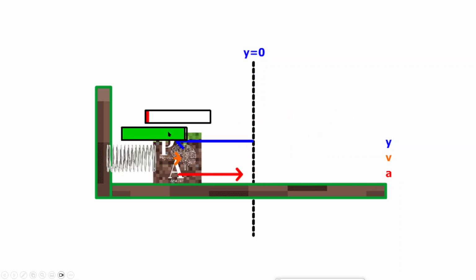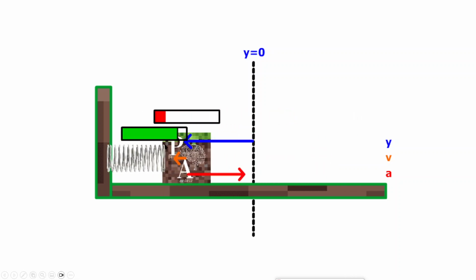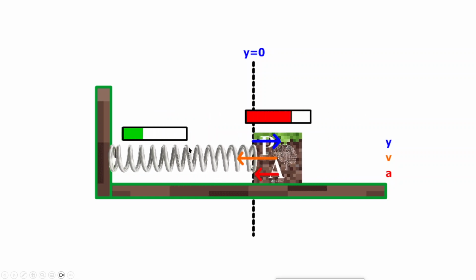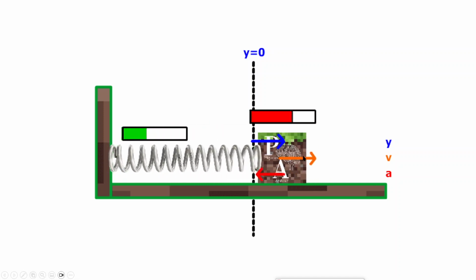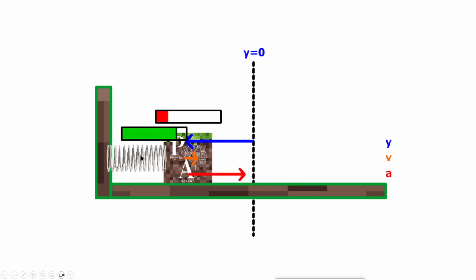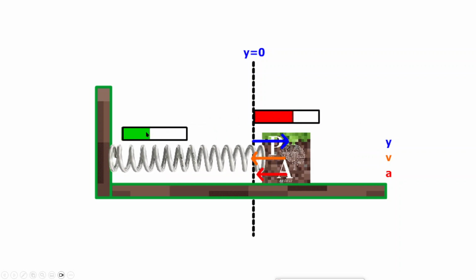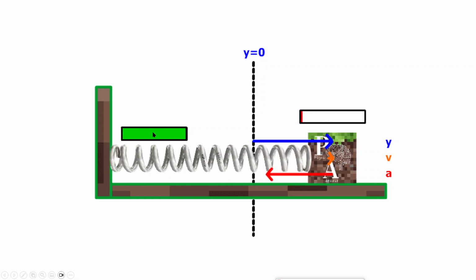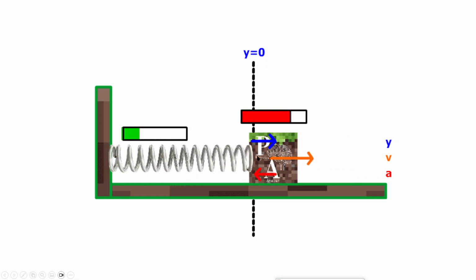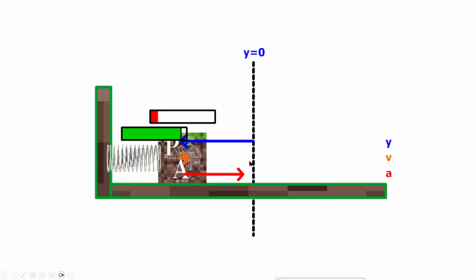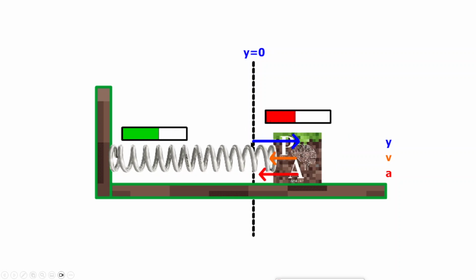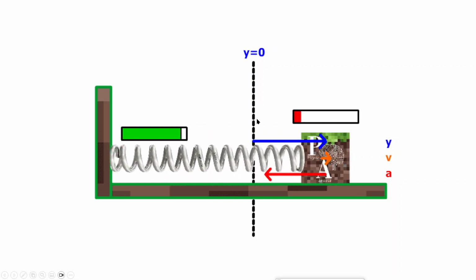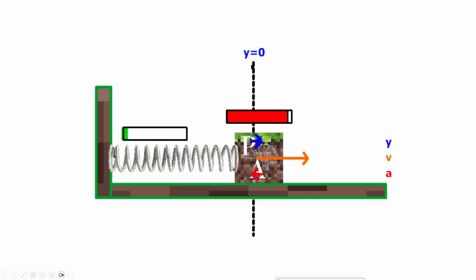This is what you call conservation of energy. At the amplitude, you have maximum compression and maximum extension. That's where you have the maximum elastic energy. But once it goes back to equilibrium, all the elastic potential energy changes to kinetic energy of the block. That's why at the equilibrium, the red bar is maximum. It has the maximum kinetic energy at the equilibrium.